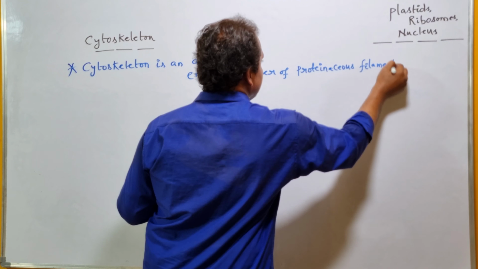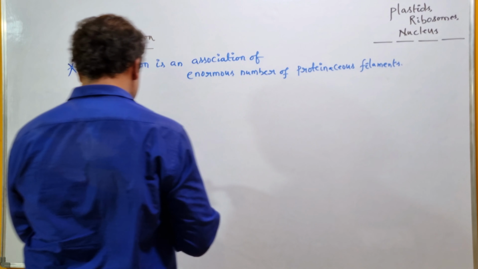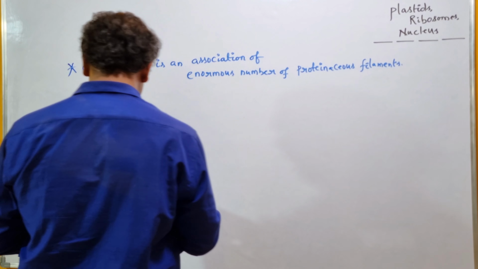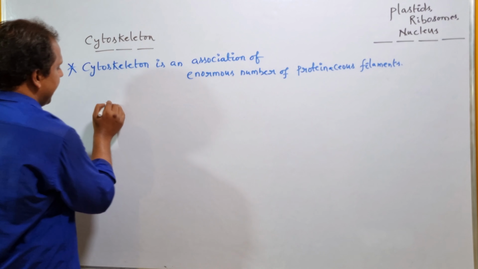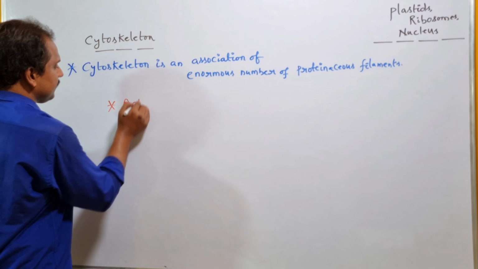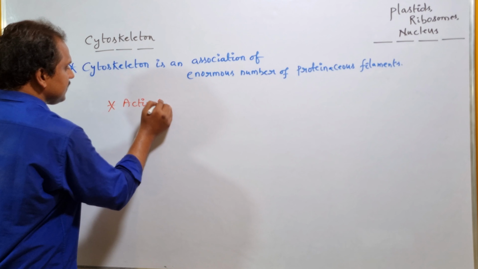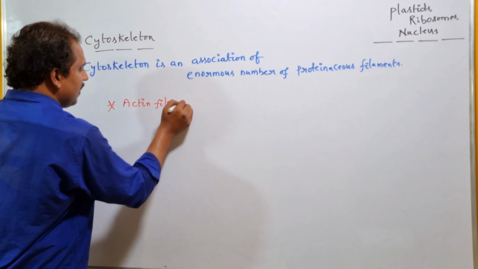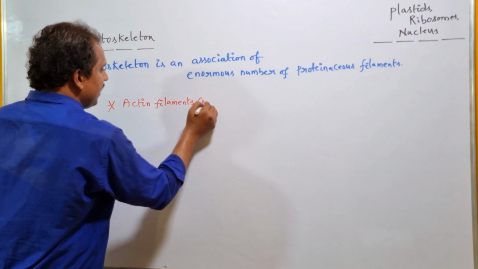And the cytoskeleton is composed of three differentiated components, and these include actin filaments or microfilaments.